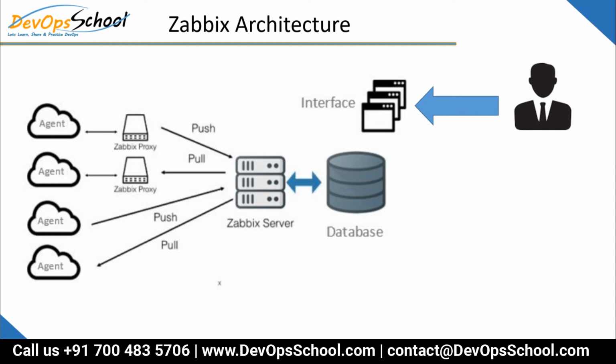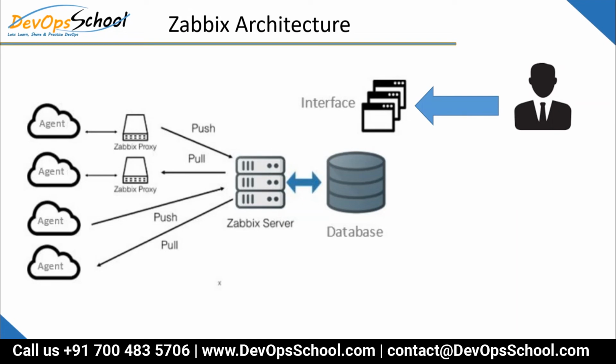Sorry, your voice is breaking. Can you please repeat the question one more time? In the diagram, you have shown one Zabbix proxy for push and one Zabbix proxy for pull, right? Yes.